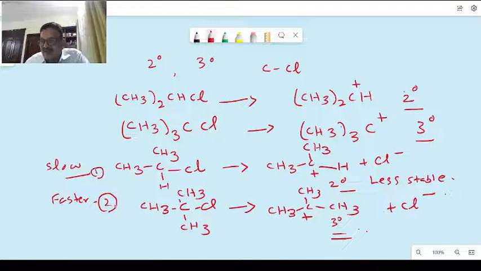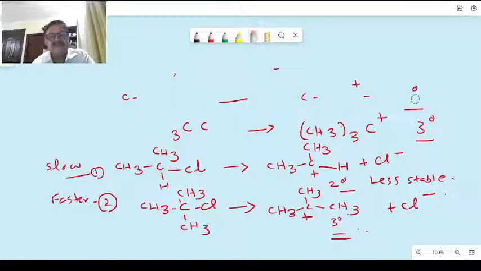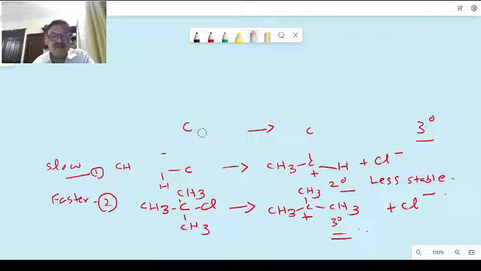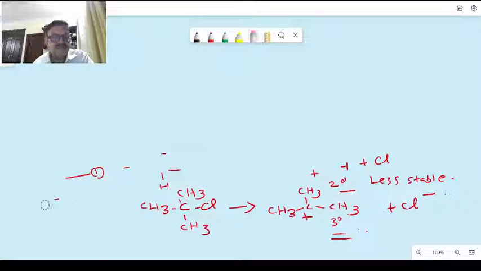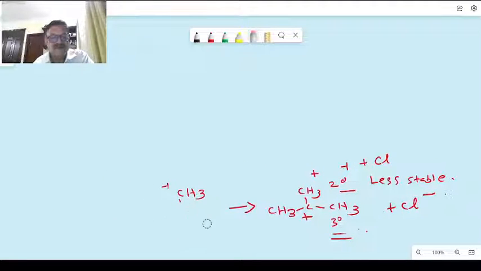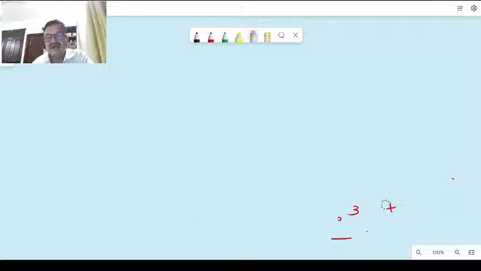Now, how will you draw the energy diagram for this reaction? That will be very interesting. These two reactions, let us represent on an energy diagram. Then it will be more clear, the stability of the carbocation and all these kinds of things here.